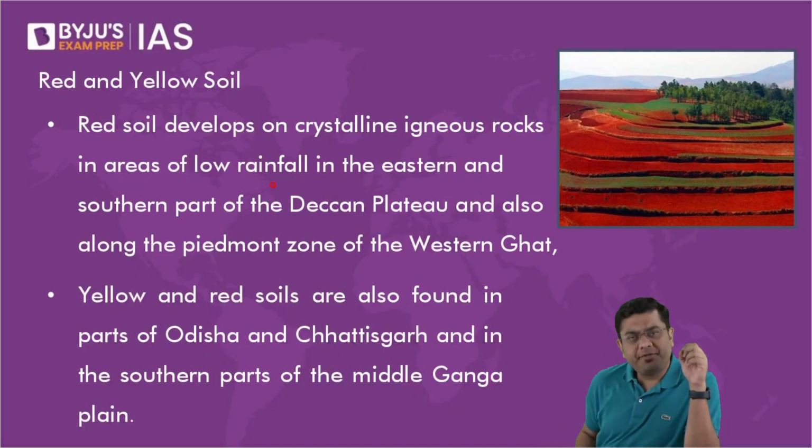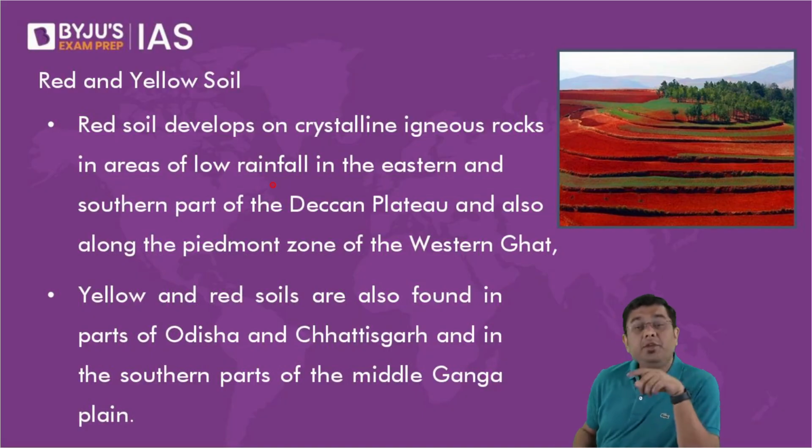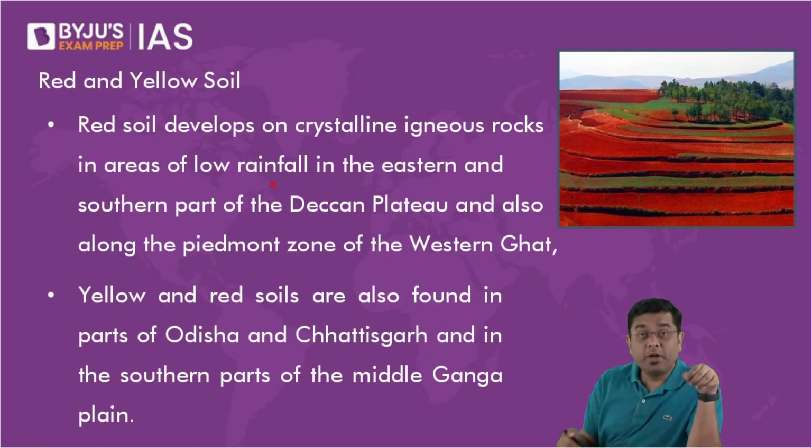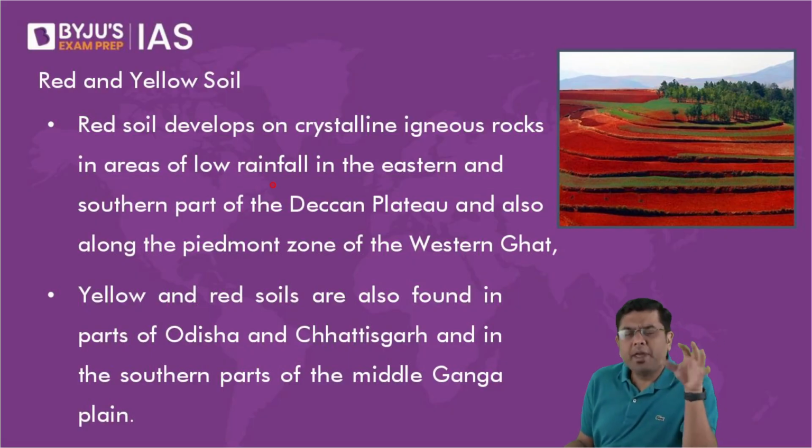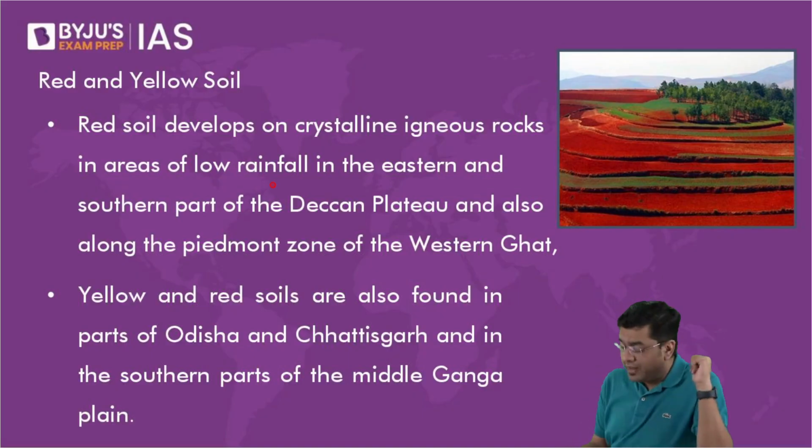In areas where you have sufficient availability of moisture and rainfall, this particular soil interacts with the moisture and forms a hydroxide ion. And that formation of hydroxide ion imparts the yellowish color. So yellow soil will be found in those areas of the plateau where the rainfall availability is high. Red soil will be found in those areas of the plateau where the availability of rainfall is very less.